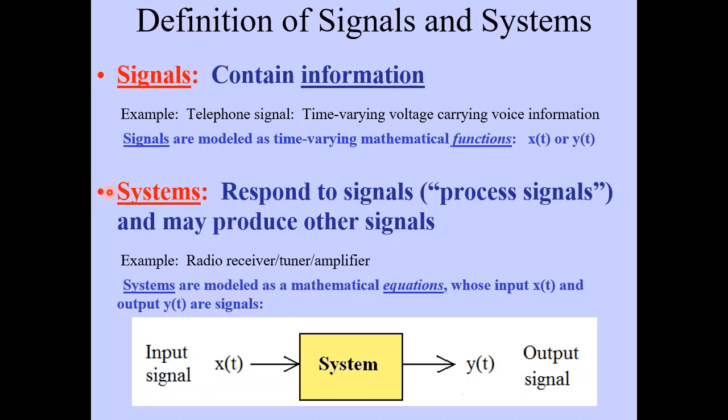Now, what about a system? Well, a system basically responds to the signals. One way you can think of this is a system processes signals. And a system usually, almost always, produces another signal.